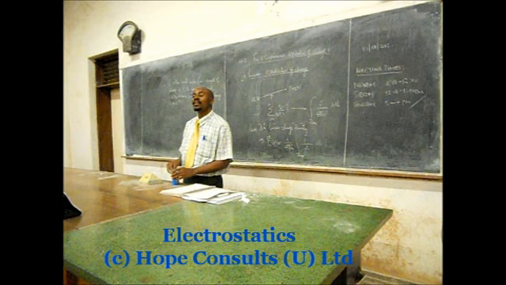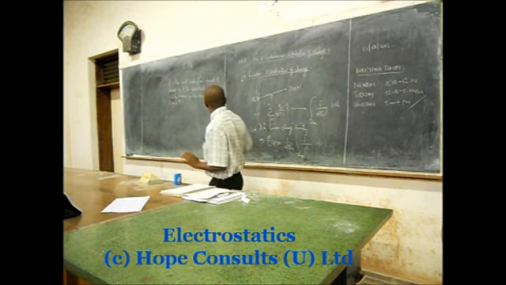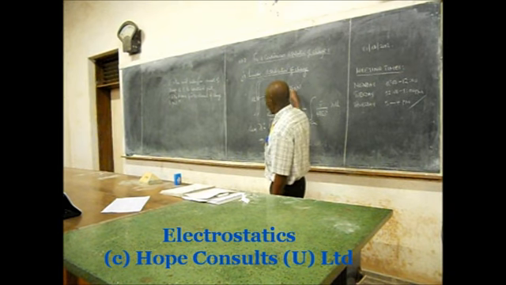The statement is that r roof is the unit vector from the element of charge here to the observation point.